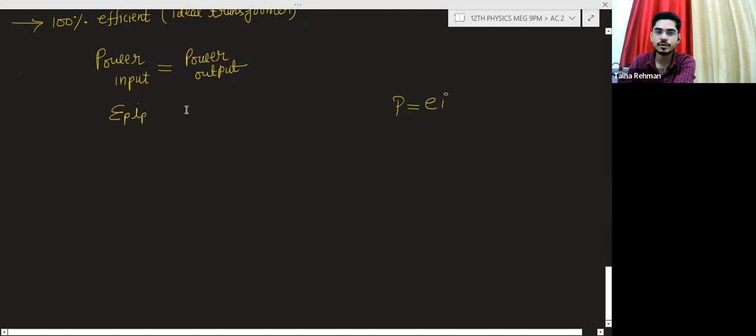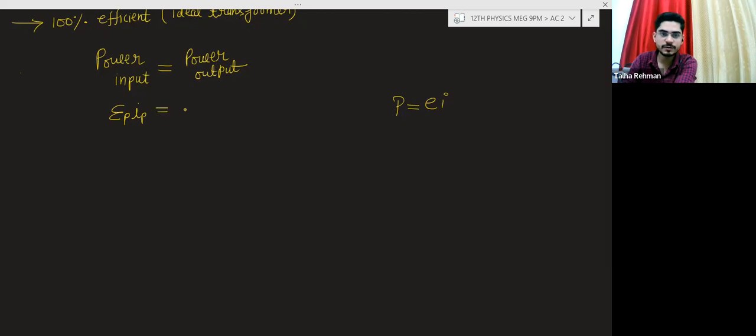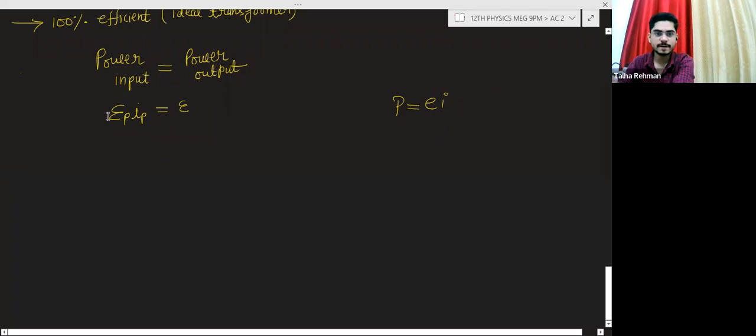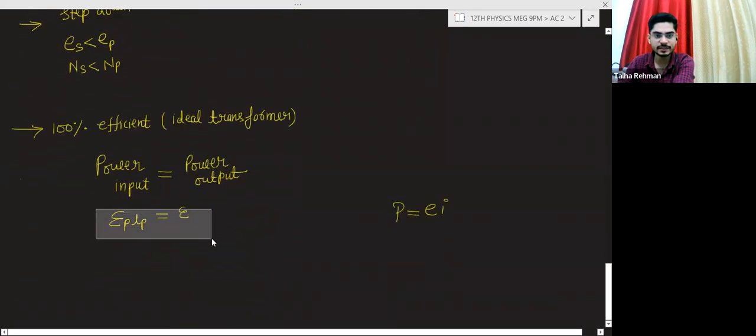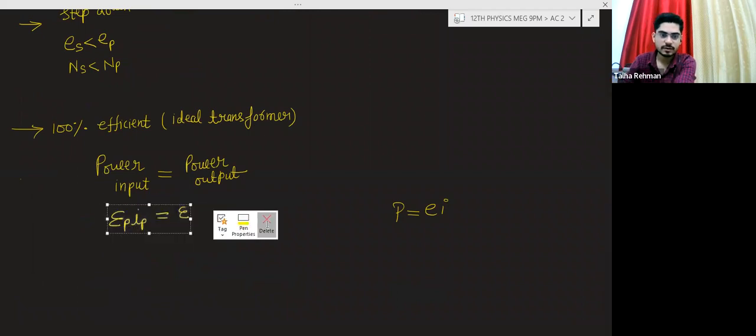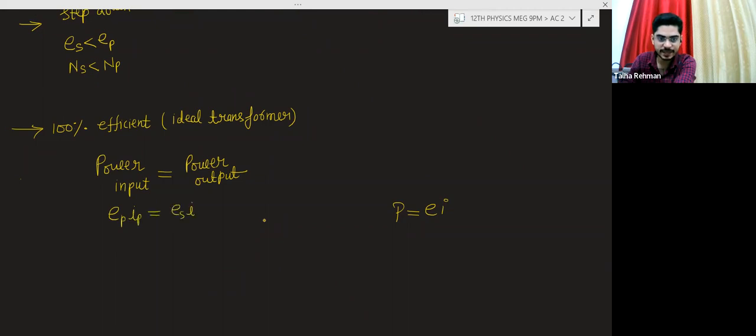This will be the input power. Output power will be the... I have to write E like this. EP multiplied by IP is equal to ES multiplied by IS.